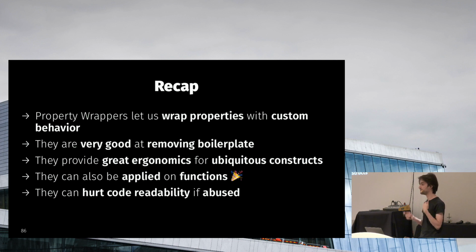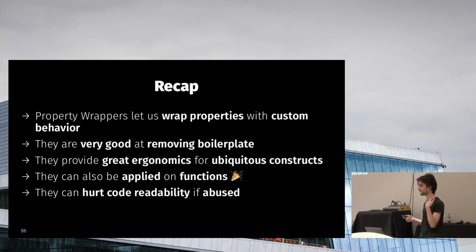That means the name must be very clear, because the name is the only piece of documentation you get when you read code. So if the name is not descriptive enough, or if the name is tricky, you might find yourself degrading the readability of your code. And of course, if you write a property wrapper that takes like a dozen arguments, yeah, you're also hurting yourself. So you need to ask yourself, am I going to use this a lot in my app?